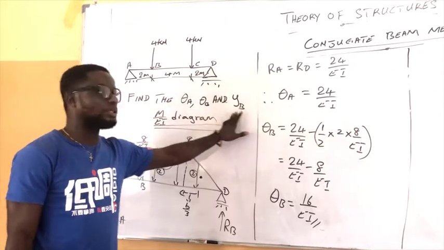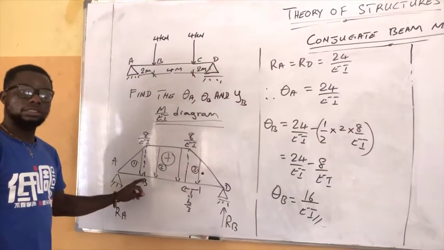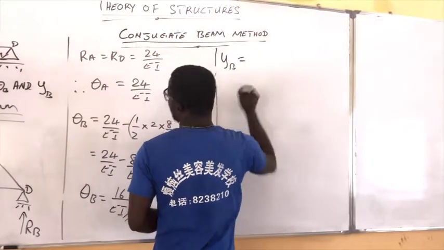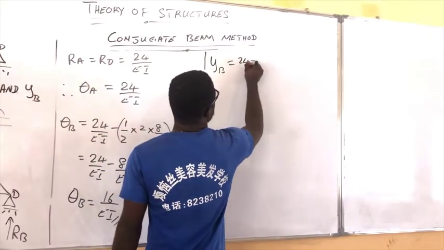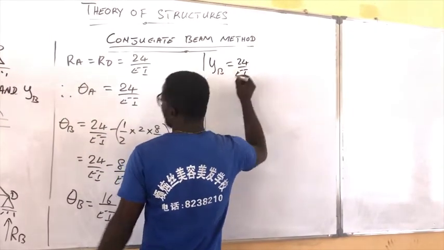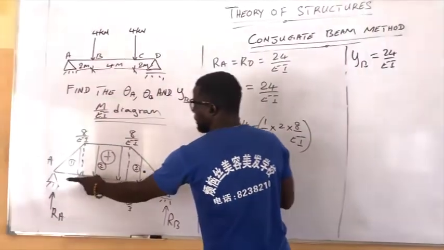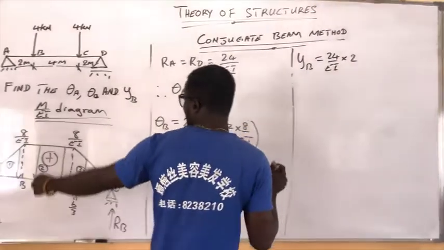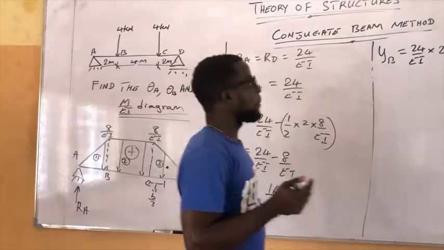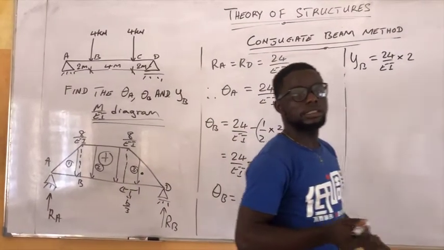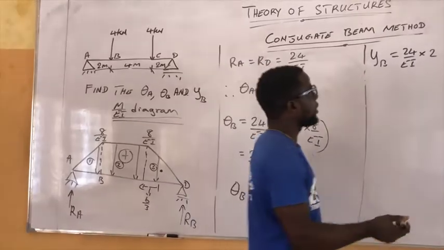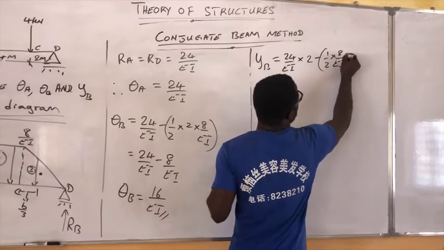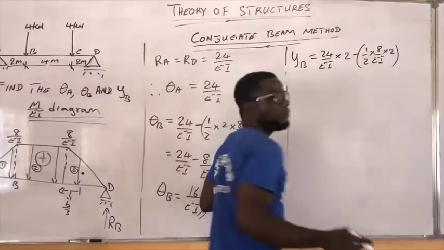And to get the deflection at B, you have to calculate the bending moment at this point. So, YB equals to 24, which is the RA multiplied by the perpendicular distance to point B, which is 2. Then the load intensity at the first shape, which is the area, multiplied by the centroid.